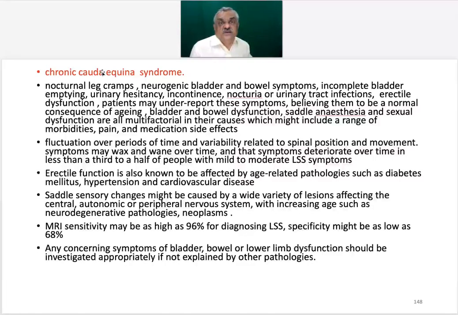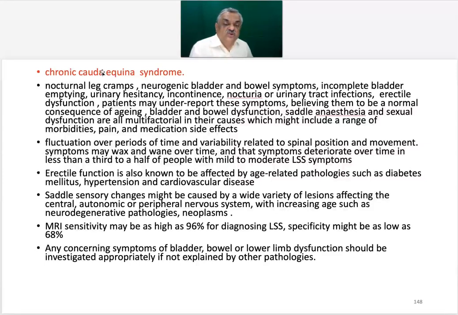Symptoms may reduce or increase over a period of time, and symptoms may deteriorate over time in less than a third or half of the people with mild to moderate lumbar stenosis symptoms. That is, it is not necessary that they will improve. There may be a very short duration improvement and it may deteriorate further.